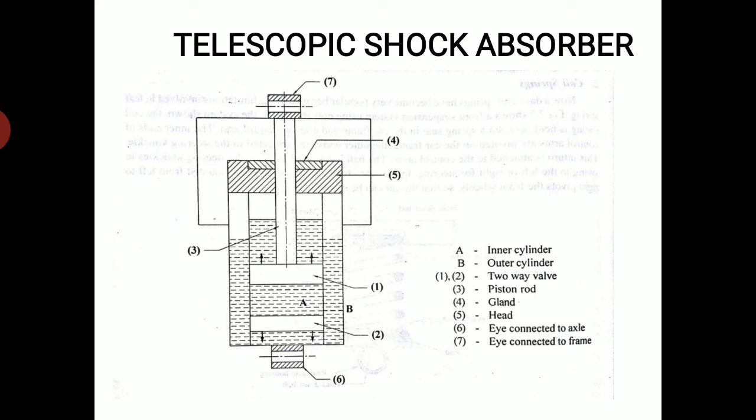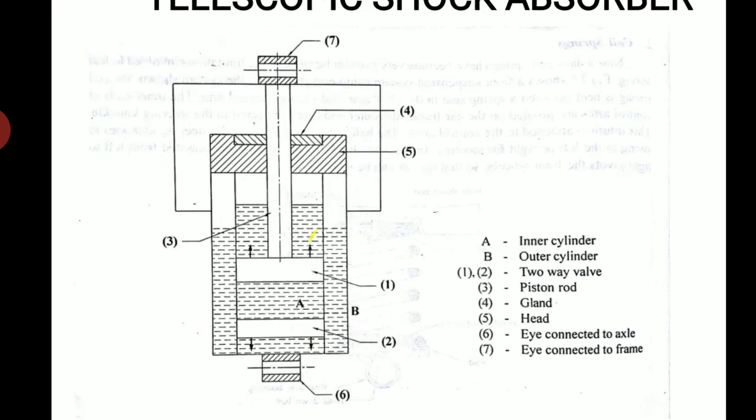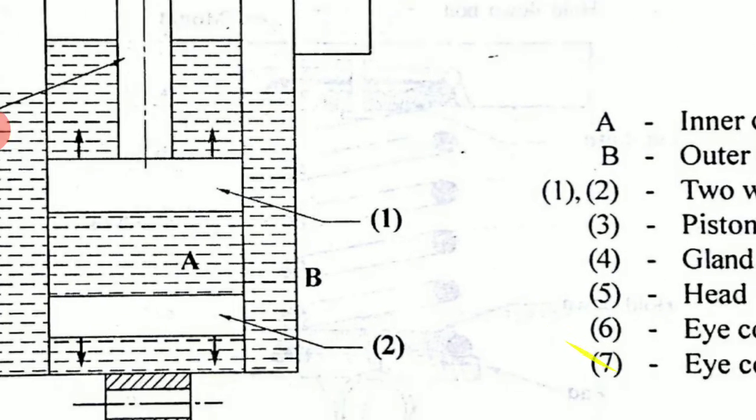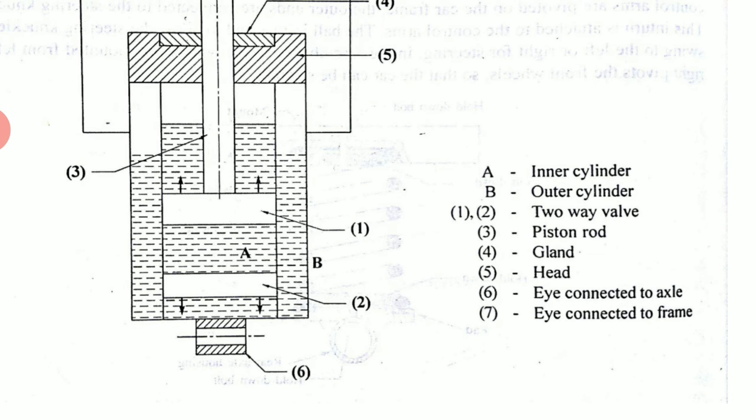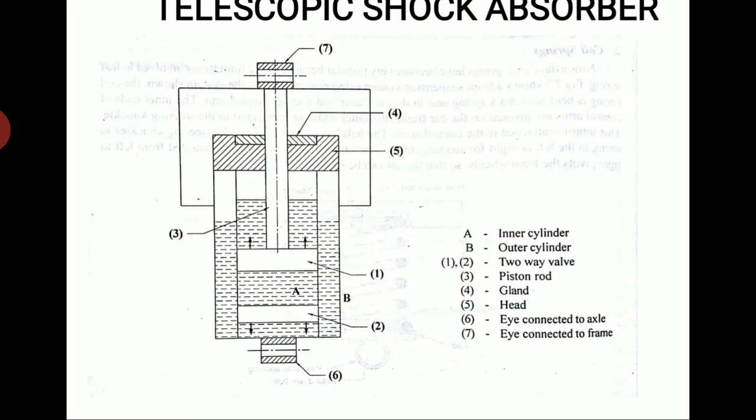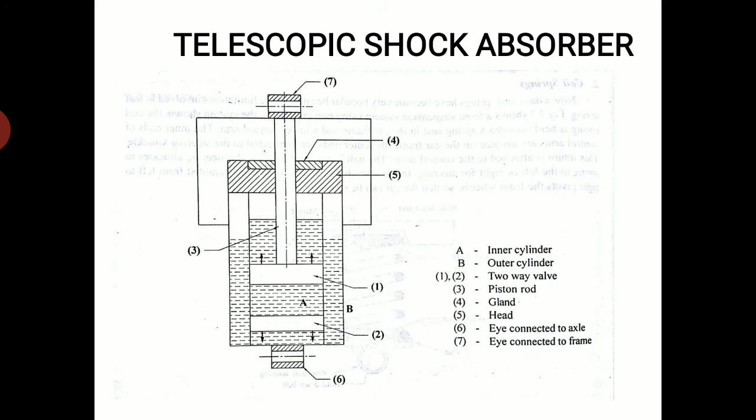A is the inner cylinder, B is the outer cylinder, 1 and 2 are two-way valves, 3 is the piston, 4 is the gland, 5 is the head, and 6 is the eye connected to the axle and the eye connected to the frame. So this is the telescopic shock absorber.